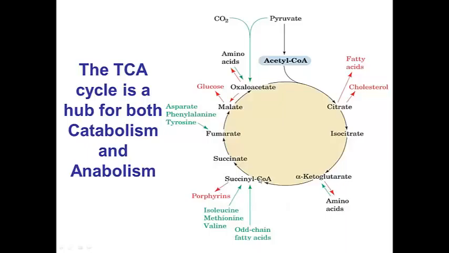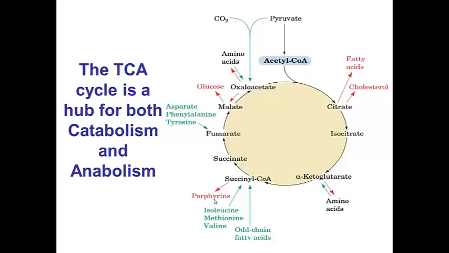And TCA cycle intermediates can be used, as we mentioned, for gluconeogenesis. They can also be used to make fatty acids and can be used to make cholesterol. They can also be used to make some amino acids, as well as the porphyrins that are used to make heme groups for hemoglobin or for other enzymes such as those that are part of the hemes that belong to the electron transport chain.